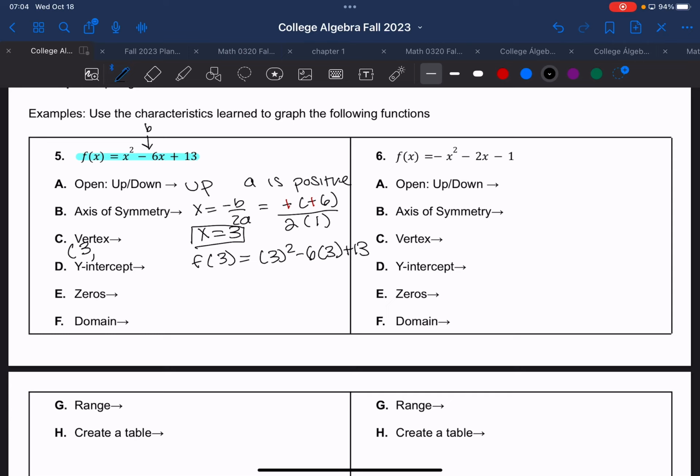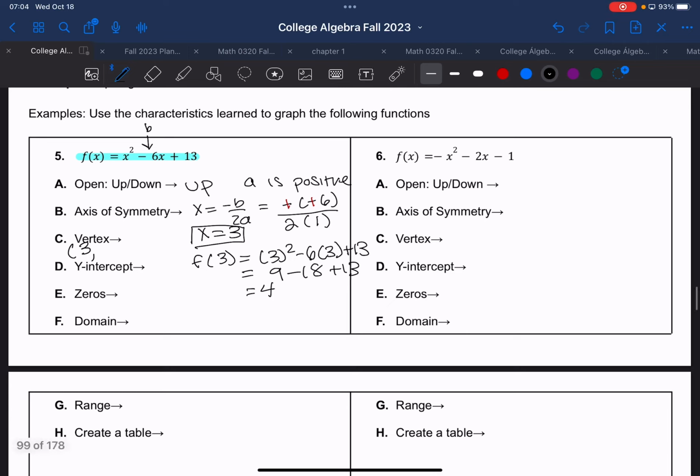So simplifying this, 3 squared gives me 9. Negative 6 times 3 gives me negative 18, and then plus 13. So I have 9 minus 18 plus 13, which is 4.